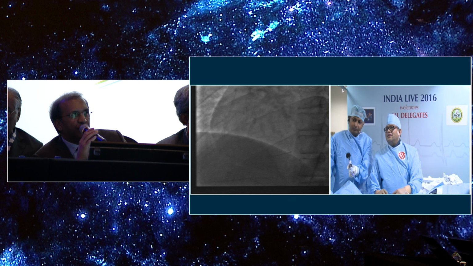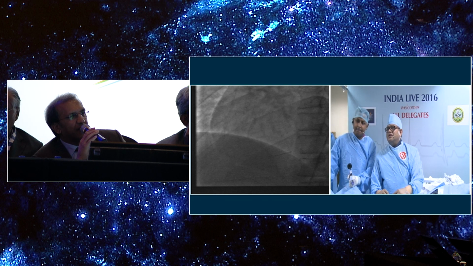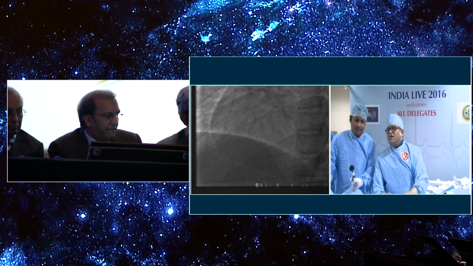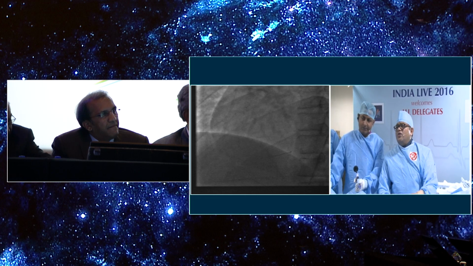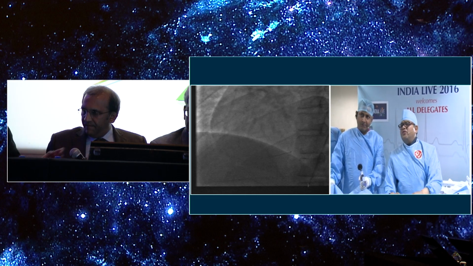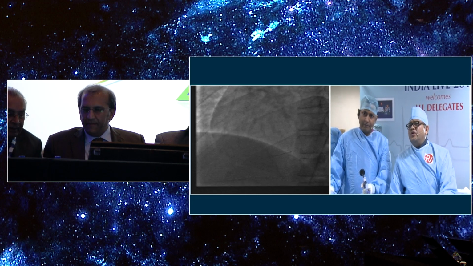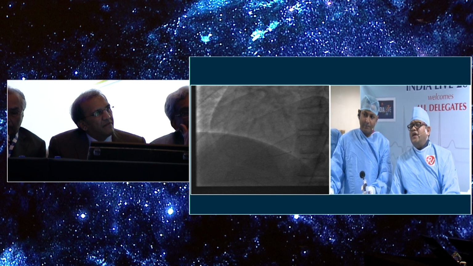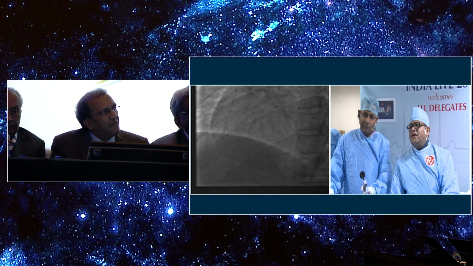That way you save contrast and you make your life much easier. I don't know if that is an approach you would consider at any stage. No, I'm going to anchor the balloon across the RCA and then selectively engage the AL1 instead of taking the mother and child catheter.